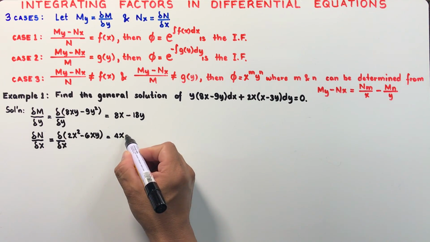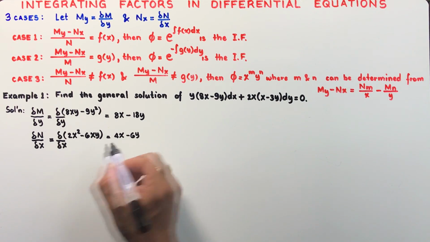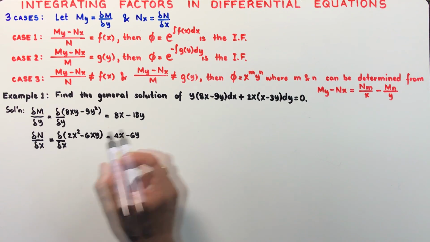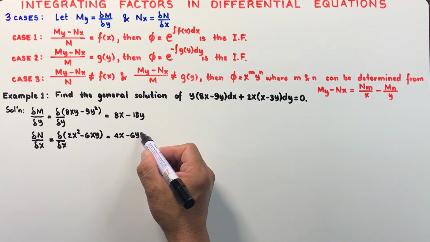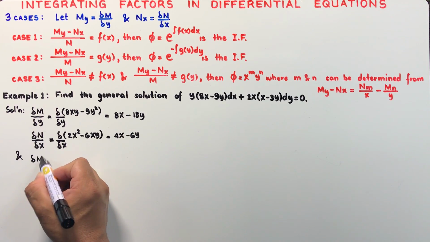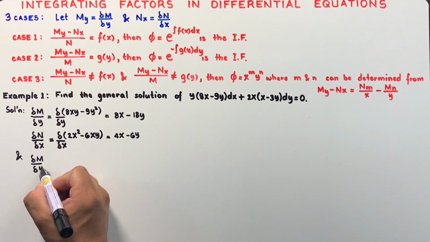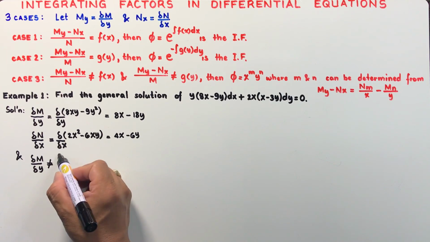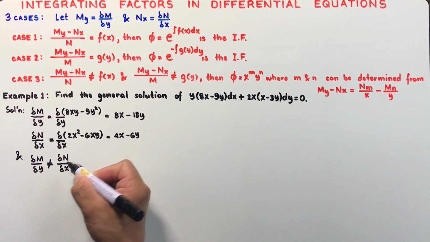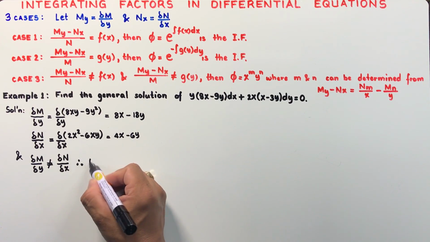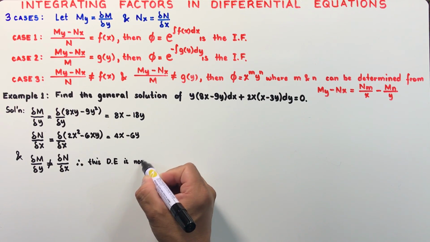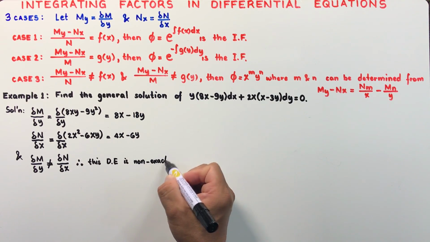And the minus 6y in this term is treated like a constant, so its partial derivative is negative 6y. You can see that the partial derivative of M with respect to y is not equal to the partial derivative of N with respect to x. Therefore, we say that this DE is a non-exact differential equation.